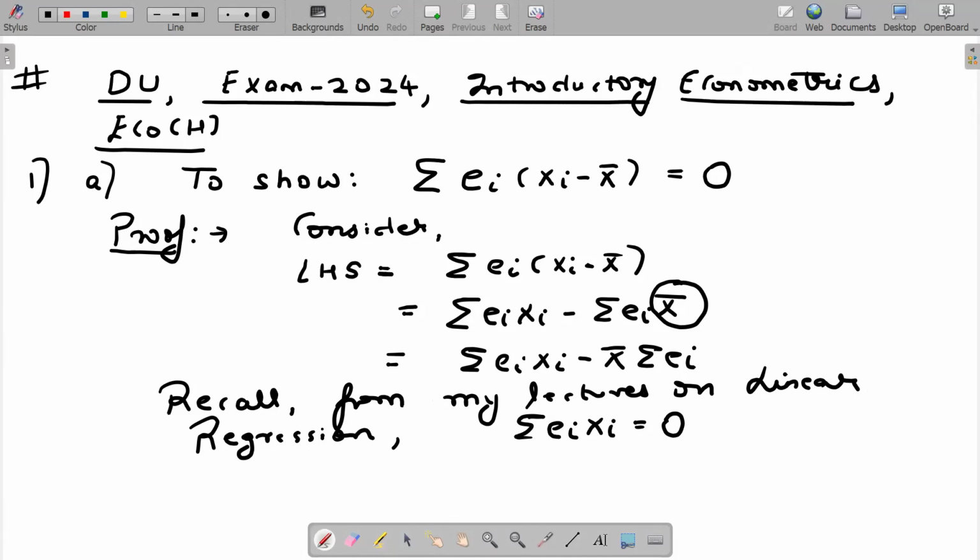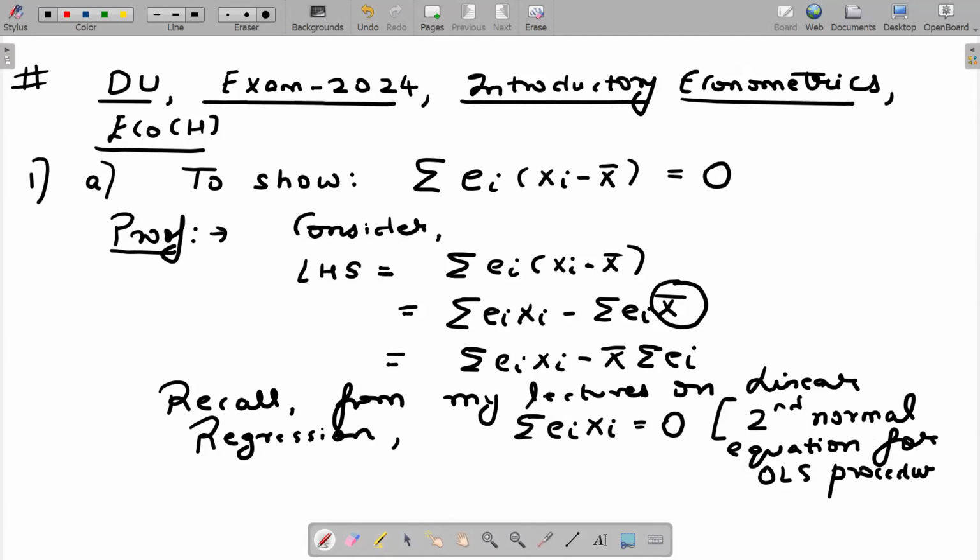We get this from the second normal equation of the OLS procedure. OLS means ordinary least squares.